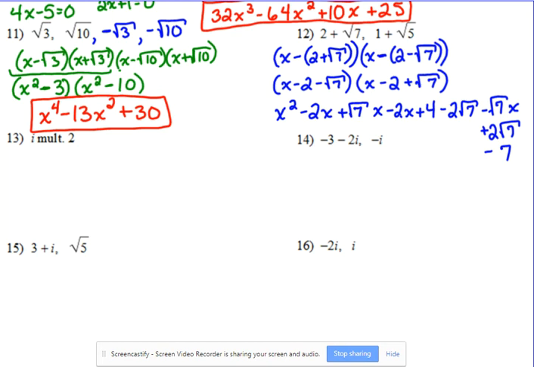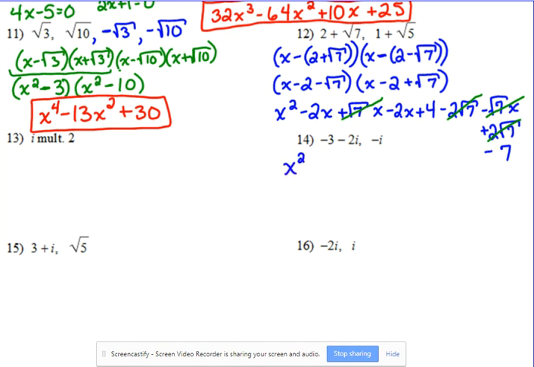Now, does anything cancel? Okay, we've got 2 square roots of 7. We have a negative version and we have a positive version. Anything else? The square root of 7x, positive and a negative. But other than that, we can just combine like terms.